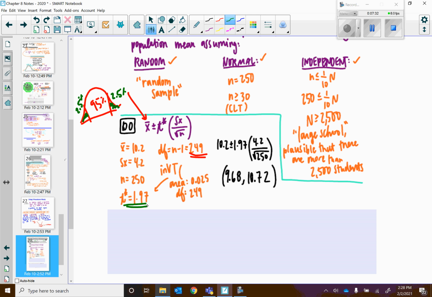My mean and standard deviation were given to me. I plug them all into my formula, and as promised, you don't have to type that all in. What we can do, and I wish I could show you my calculator, but I don't have the calculator app on here, is click Stat, scroll over to Tests.